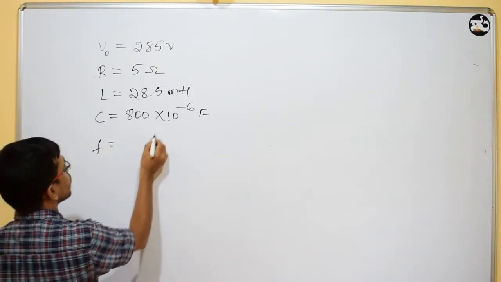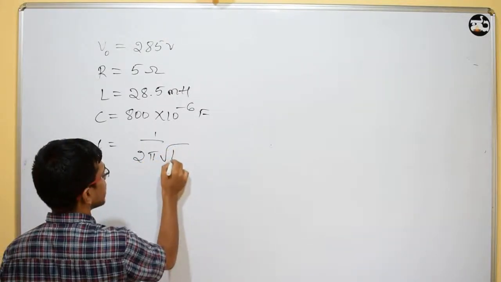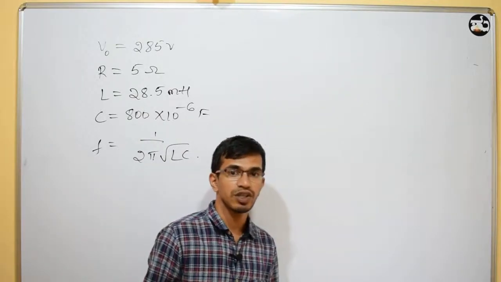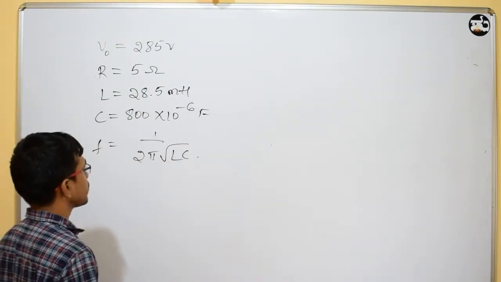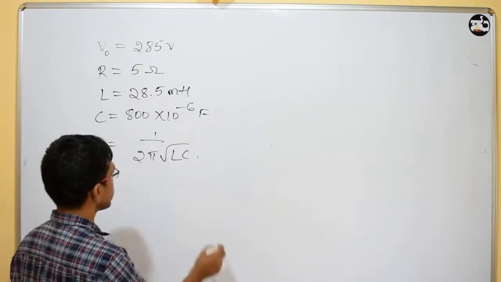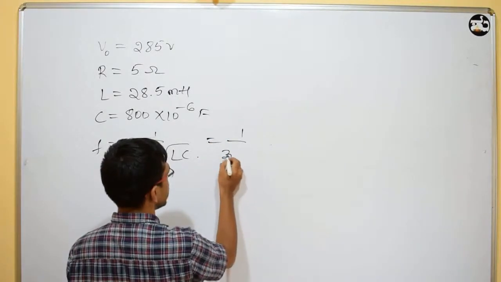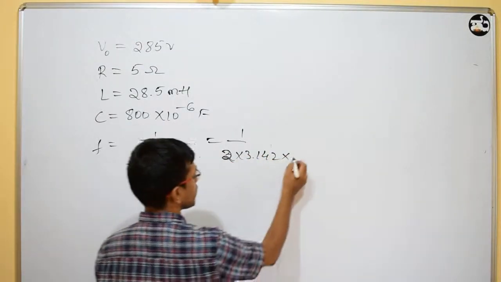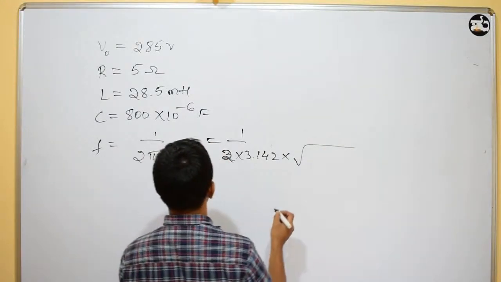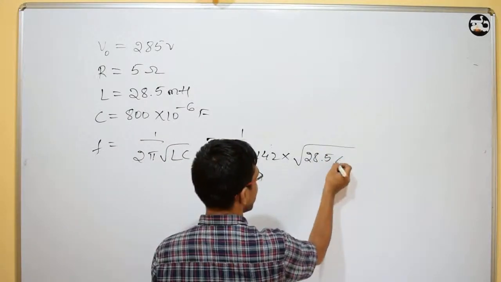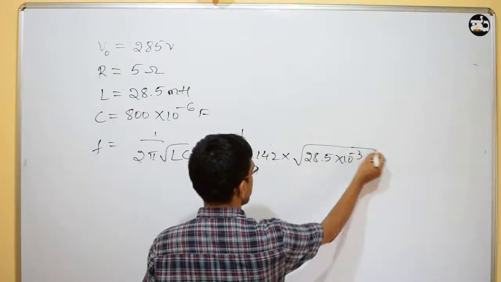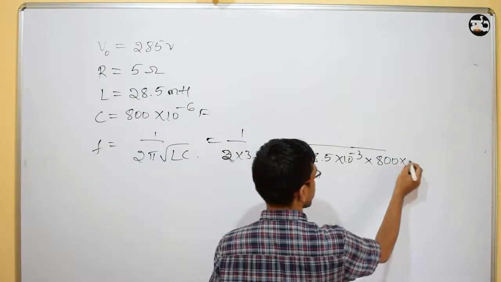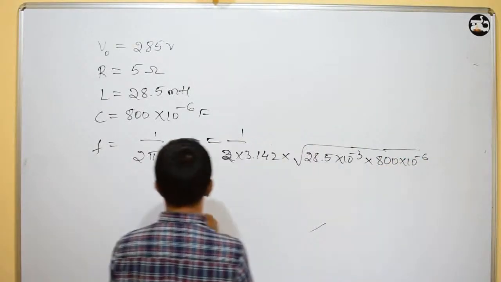Let's find the resonant frequency. F is equal to 1 divided by 2 pi into root LC. This is the formula to find the resonant frequency. So F is equal to 1 divided by 2 into 3.142 into square root of L into C. L is 28.5 milli, in the sense 10 to the power of minus 3, and C is 800 micro, 10 to the power of minus 6.